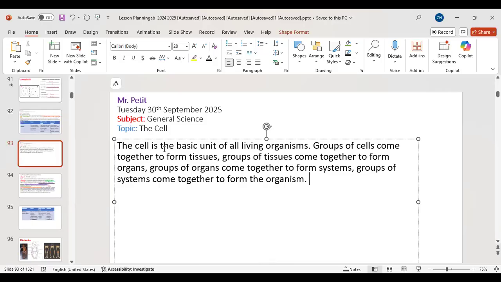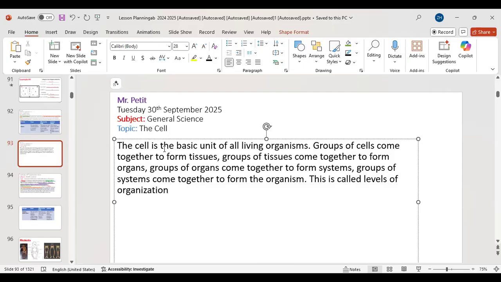So this is what we call levels of organization. So cells, tissues, organs, organ systems, and the organism. This is called levels of organization.